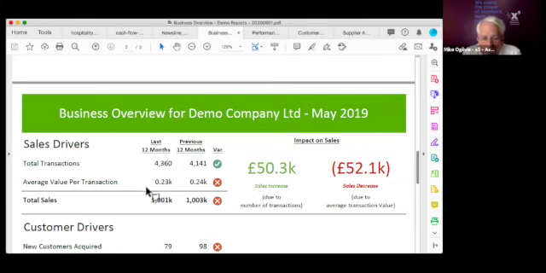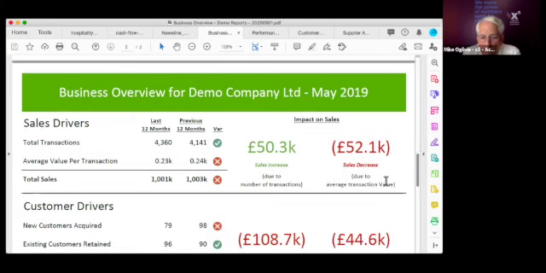The average value per transaction has actually reduced from £240 to £230. So although we had an increase in value of 50.3k by increase in number of transactions, because we're charging less, it's being wiped out by that reduction in price.